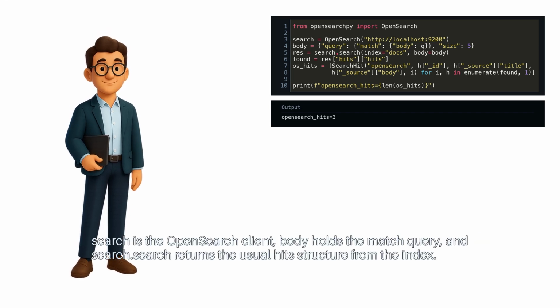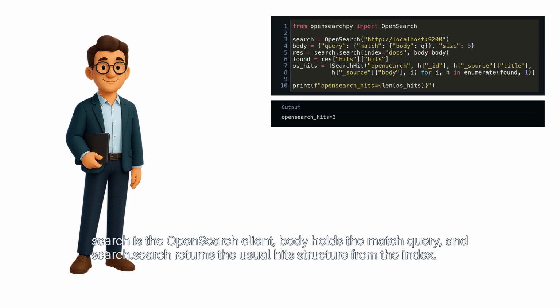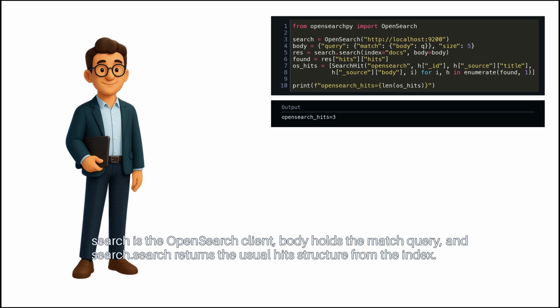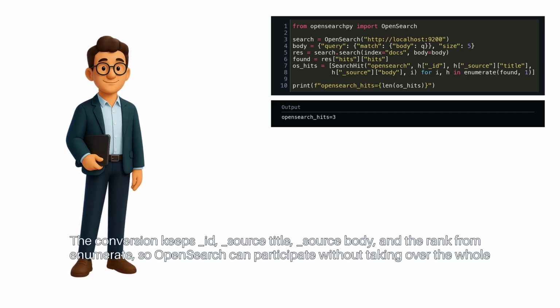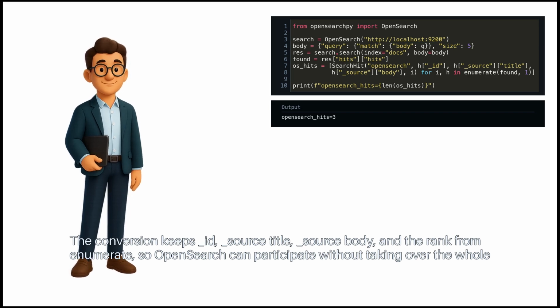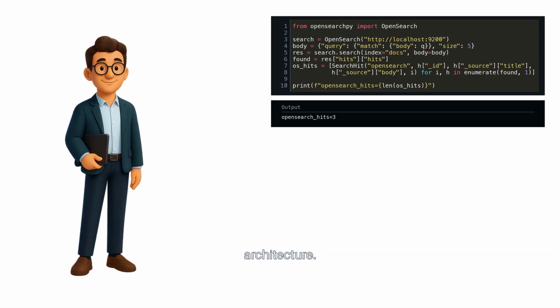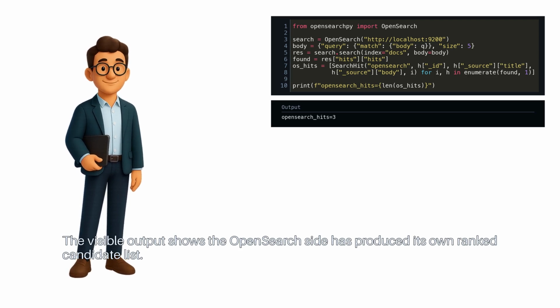Search is the OpenSearch client. Body holds the match query, and search.search returns the usual hit structure from the index. The conversion keeps ID, source title, source body, and the rank from enumerate, so OpenSearch can participate without taking over the whole architecture. The visible output shows the OpenSearch side has produced its own ranked candidate list.